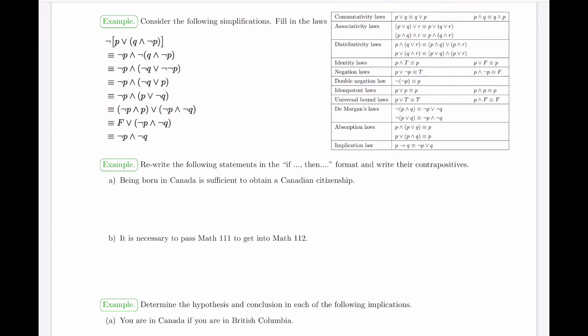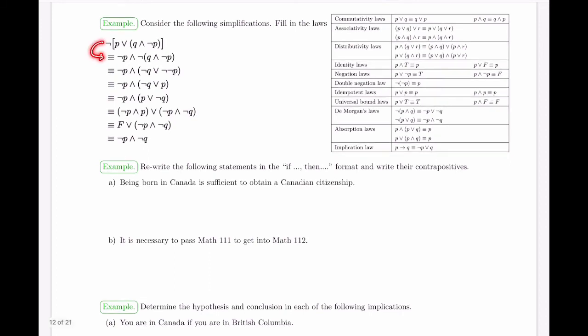How do we go from row 1 to row 2 right here? Notice that I had a negation on the outside and then I no longer do, which means that this was most likely the application of De Morgan's laws, and let's check whether that was actually applied properly. If I negate everything throughout, including the operation, then it looks like that was actually properly done.